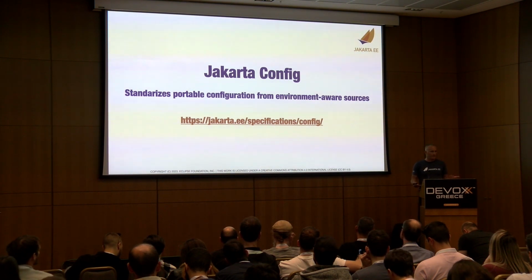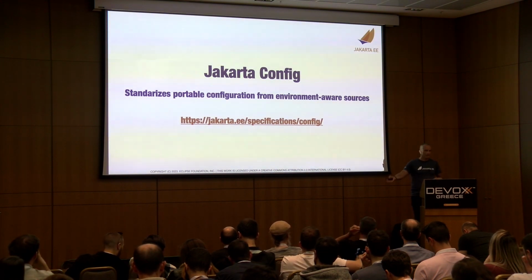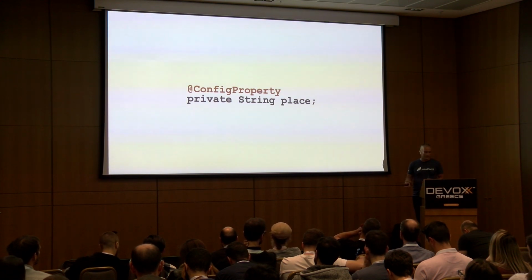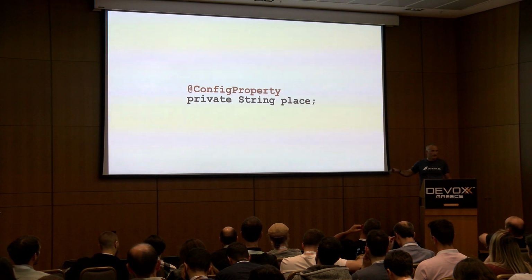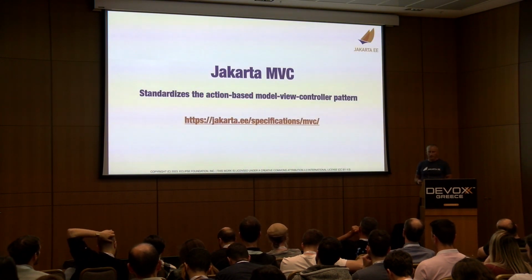It will pick it up from the environment. If you deploy into Kubernetes, it will pick the Kubernetes properties. If you deploy on your laptop, it will pick properties from there, or whatever configuration source you configure. There will be annotation-based support like @ConfigProperty or similar, and also a programmatic API, so you can program if you want.